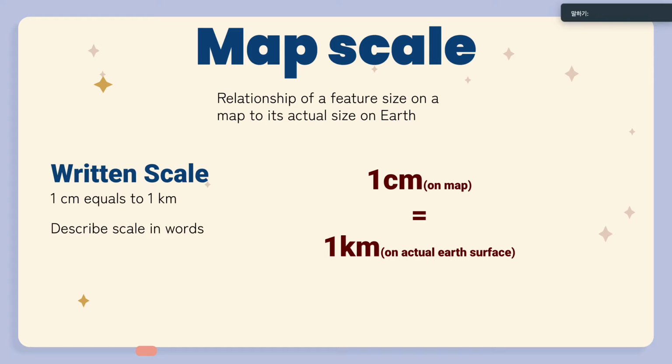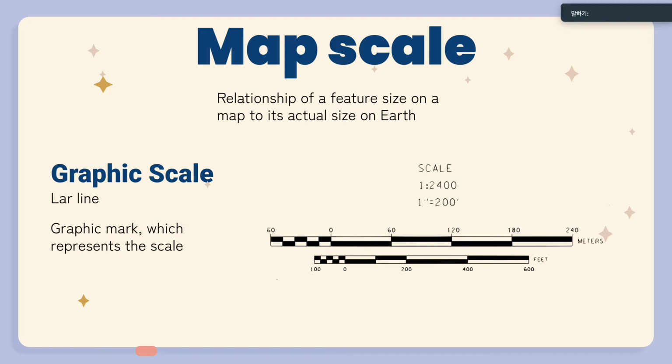Number 2, written scale. It's a description of scale in words. For example, 1 centimeter equals 1 kilometer. Number 3, graphic scale. A graphic scale is a graphic mark to represent the scale between feature size and actual size. For example, the use of a bar line could be an example of a graphic scale.